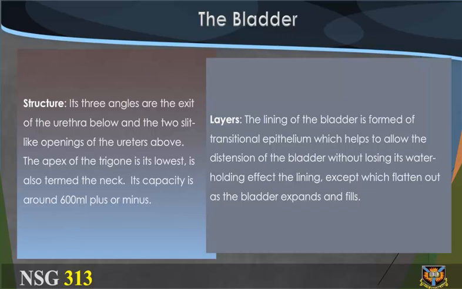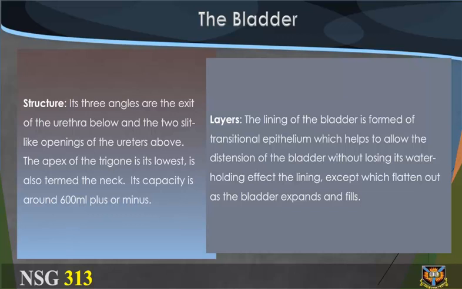The bladder. Structure. The trigone has three angles: the exit of the urethra below and the two slit-like openings of the ureters above. The apex of the trigone, its lowest point, is also termed the neck.